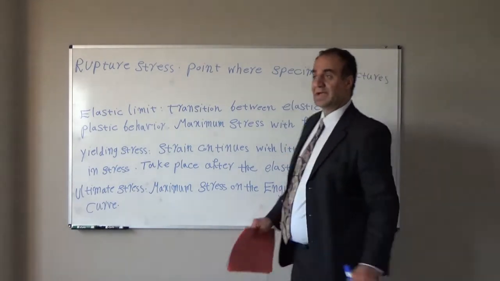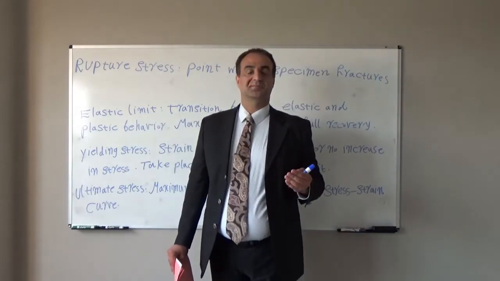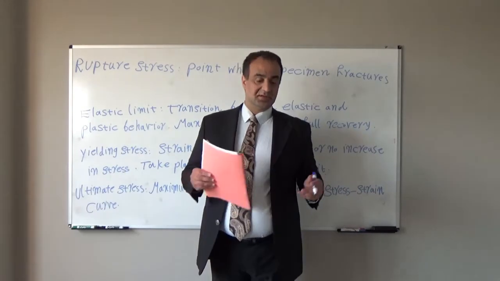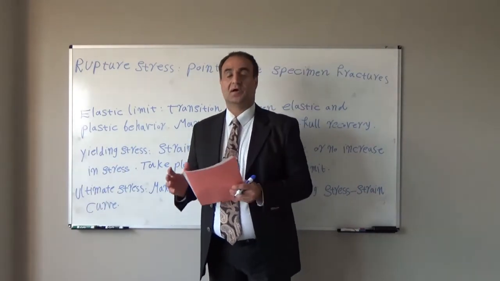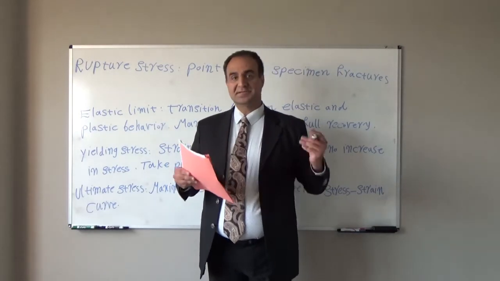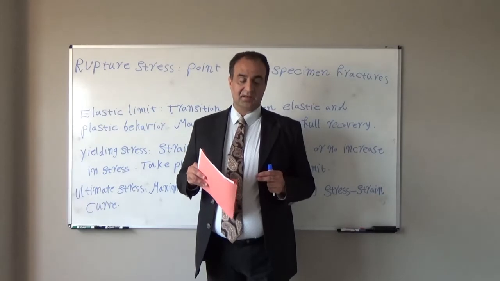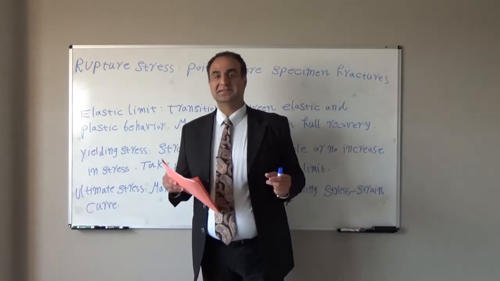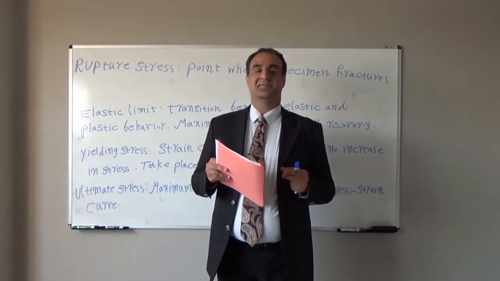I would like to add, we have two types of material. We call it brittle material and we have ductile material. For example, what is a brittle material? If we apply force to glass or concrete, we will not see a lot of deformation and suddenly we will see the failure.